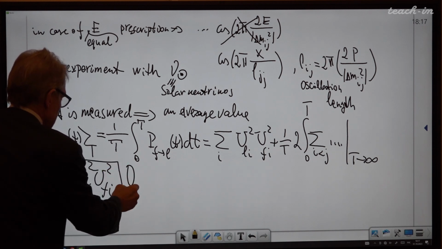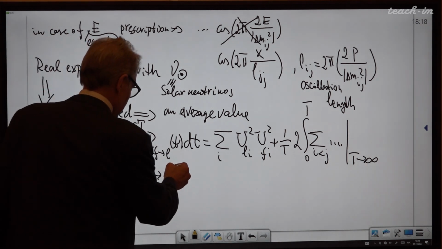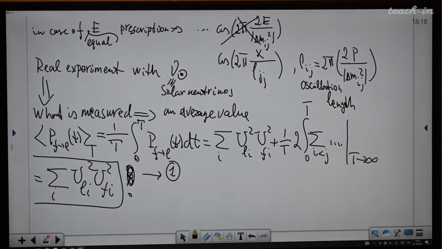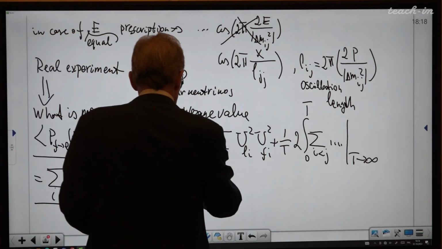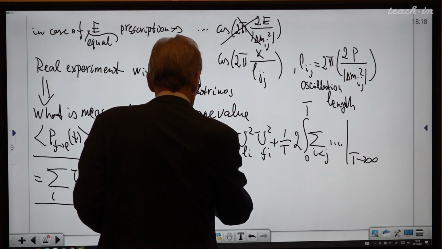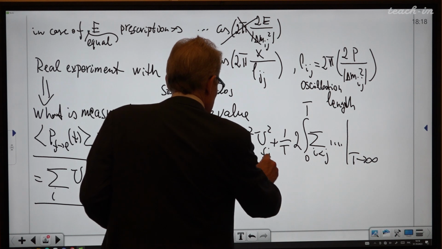This is a very, very, very interesting result. So what we can see, the first conclusion: everything 100% depends only on the mixing, on the elements of the mixing matrix.